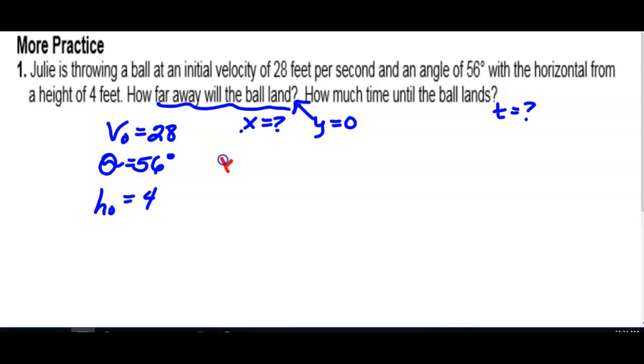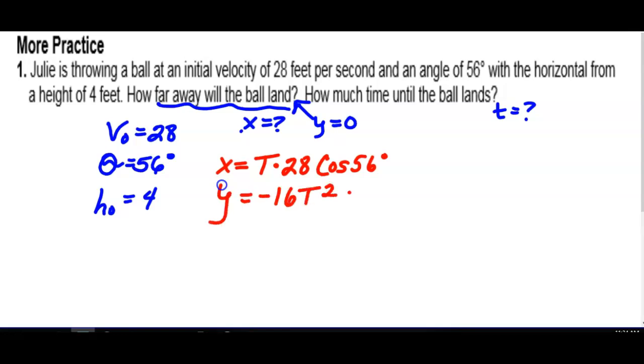All right, so I'm going to put in my x equals t times 28 cosine of 56. And my y is negative 16t squared plus t times 28 sine of 56, plus 4.